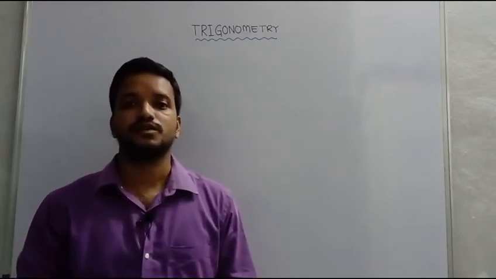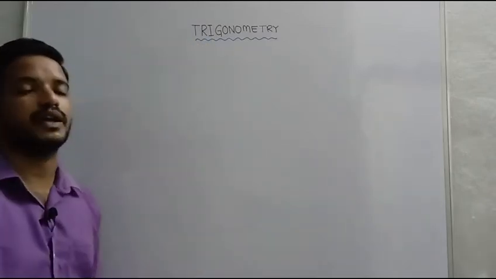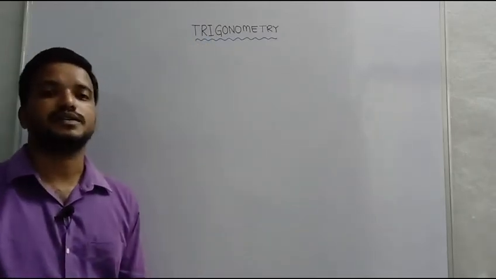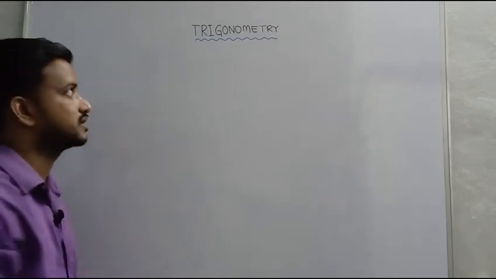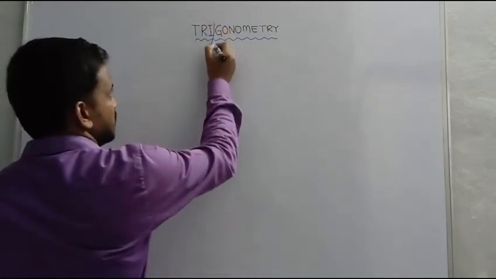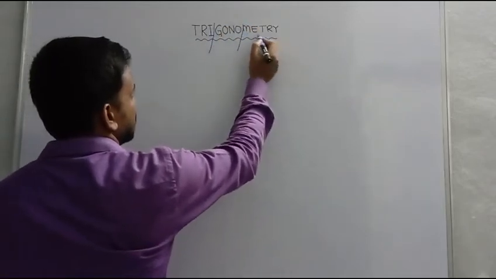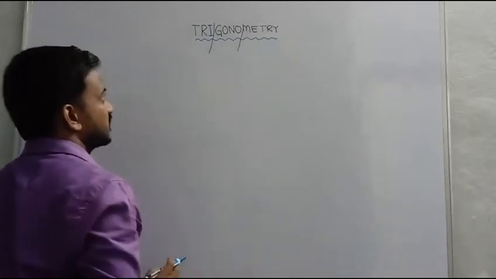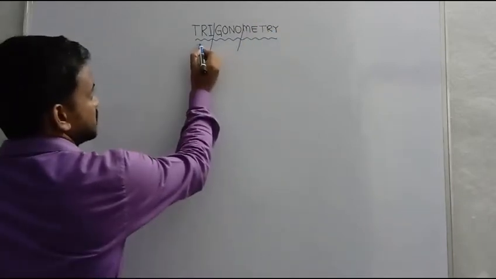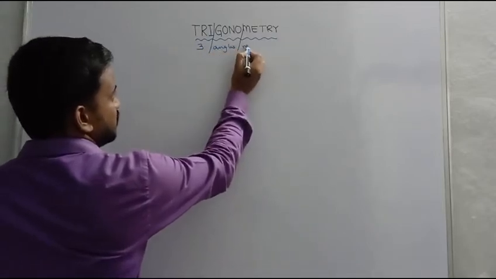Okay, so first of all, coming to the word trigonometry, it is obtained from three Greek words. Those are tri, gono, metrine. Metry is derived from metrine. It stands for three angles measure.